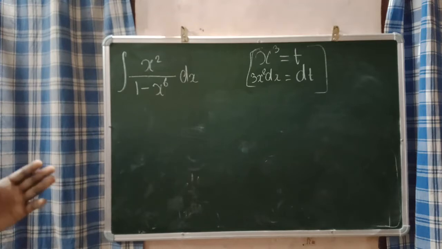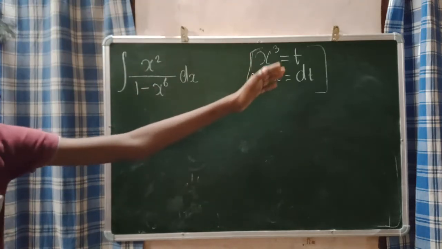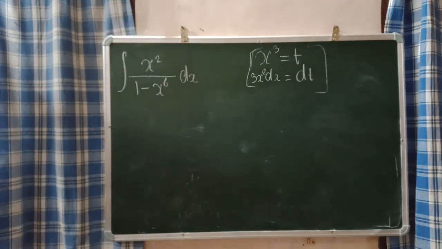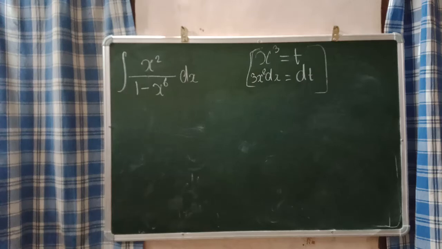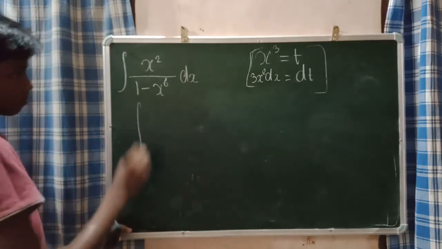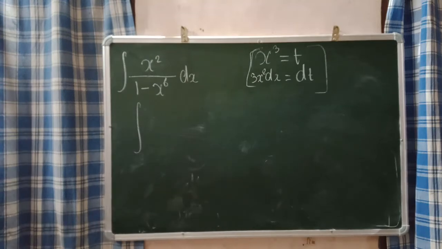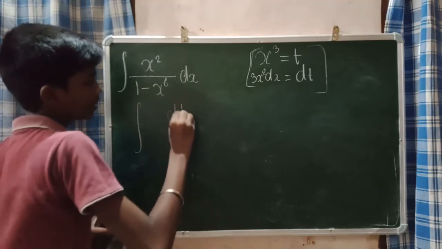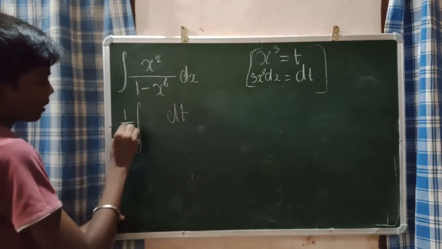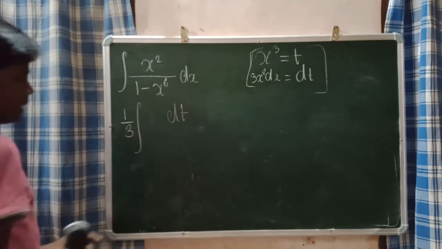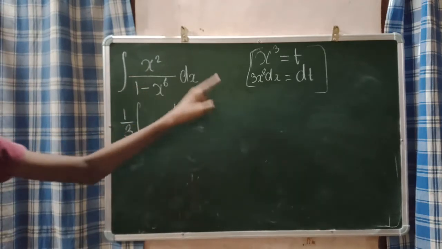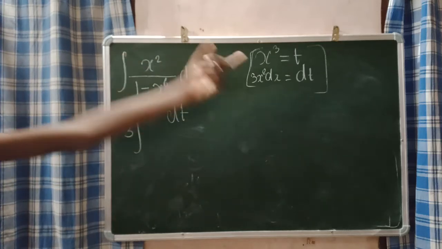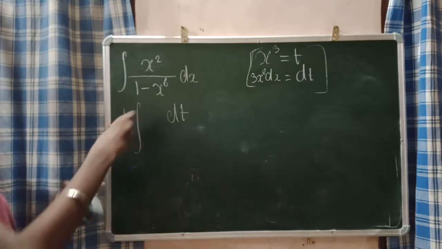If I take x cube as t, then dt is the differentiation of x cube, which is 3x square dx. Now apply this in this particular integral. I have integral of x square dx. If 3x square dx is dt, then x square dx will be dt by 3. So I can take the 1 by 3 outside the integral.